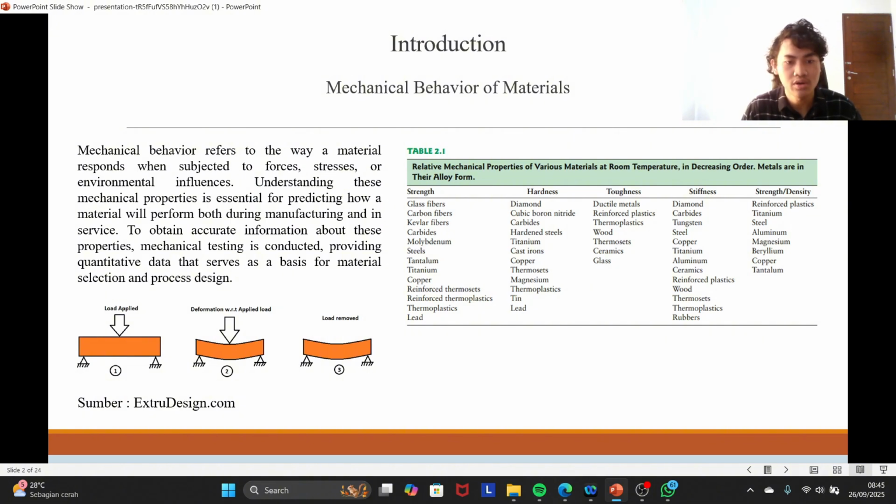To obtain accurate information about these properties, mechanical testing is conducted, providing quantitative data that serves as a basis for material selection and process design. And Table 2.1 has relative mechanical properties: strength, hardness, toughness, stiffness, and strain density.